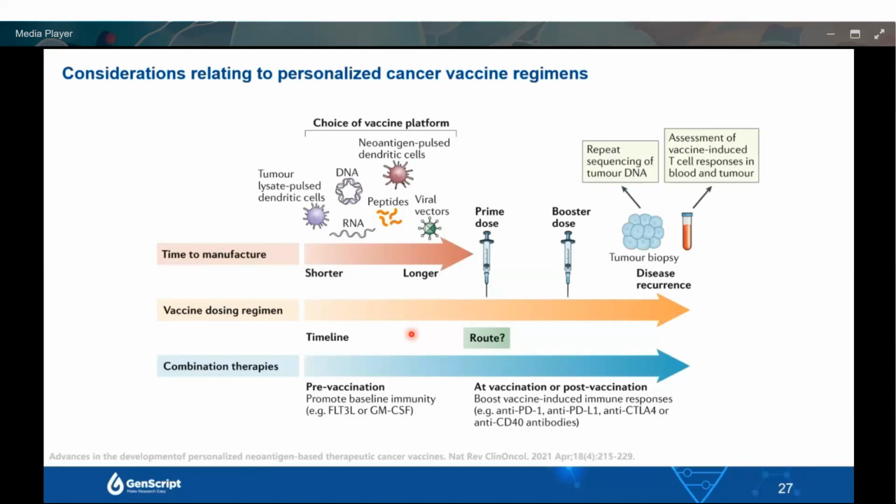And as I mentioned previously, in order to have a successful treatment, combination therapies are also important. We should think about pre-vaccination using some cytokines to promote baseline immunity, and also use immune checkpoint inhibitors to boost vaccine-induced immune responses.